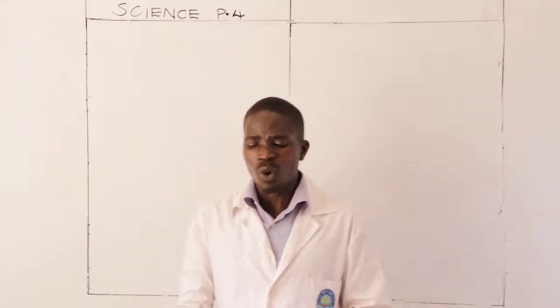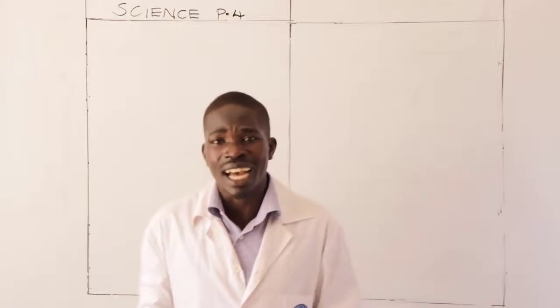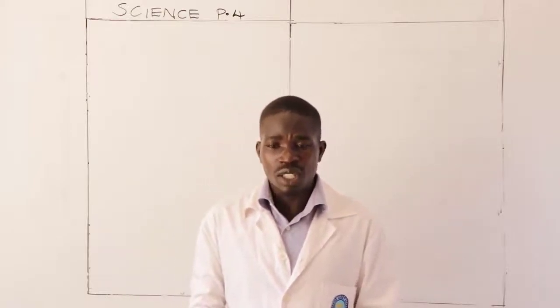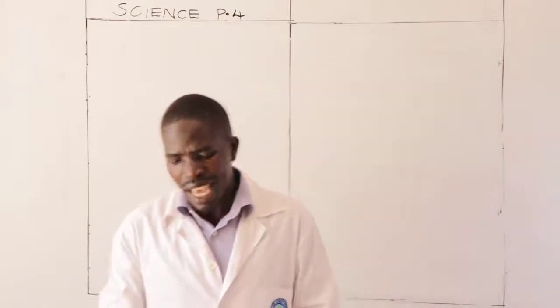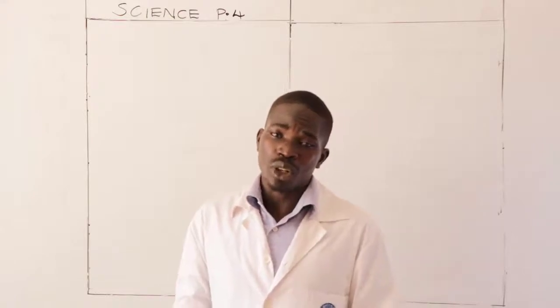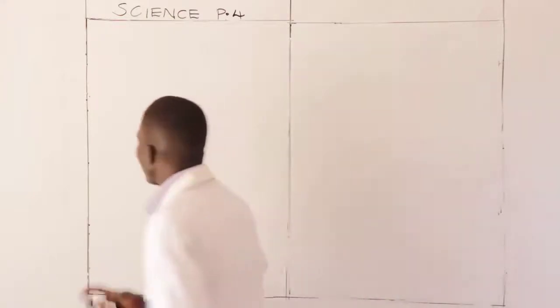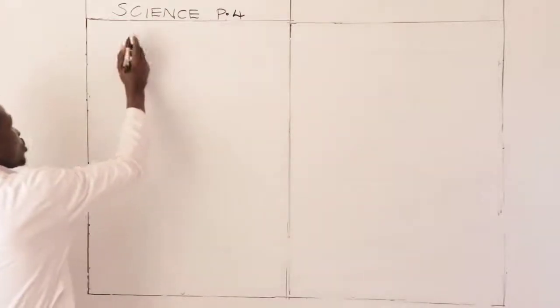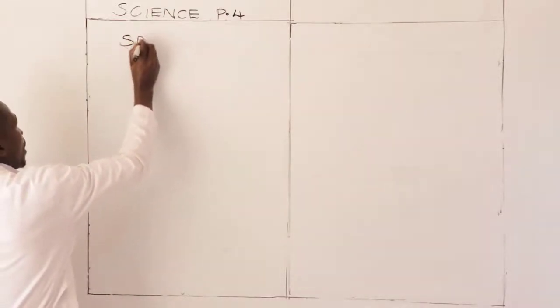But today we are going to look at sources of water. There is what we call the natural sources of water, and there is what we call the artificial sources of water. So today, let us look at water and the sources of water.